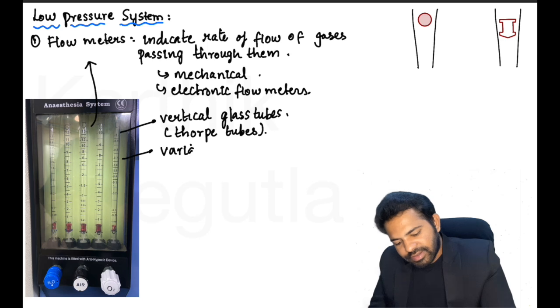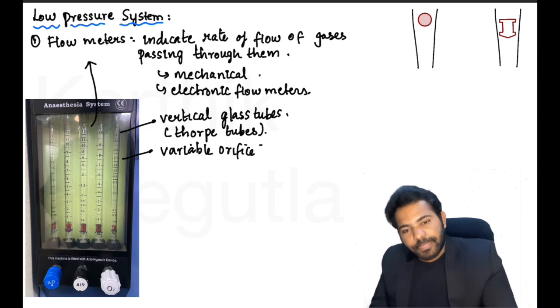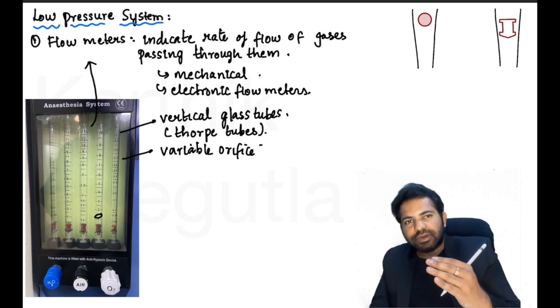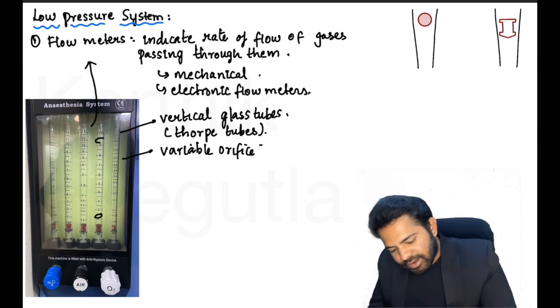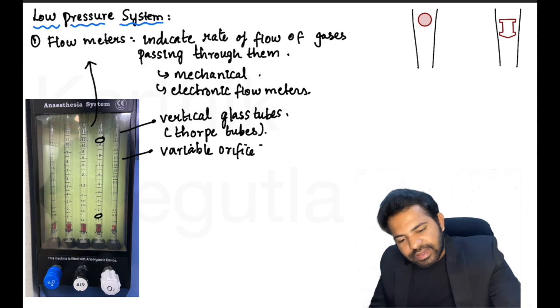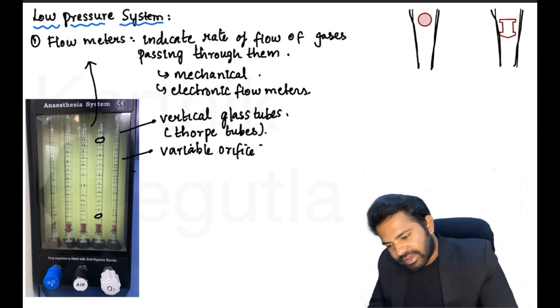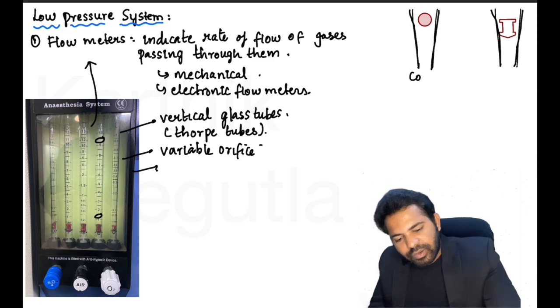What do you mean by variable orifice? At the bottom the diameter is less, and as we go upwards, as the flow increases, the diameter is increased. In this picture you can see this is a type of orifice. It is a variable orifice. Clear? So they are conical in shape.